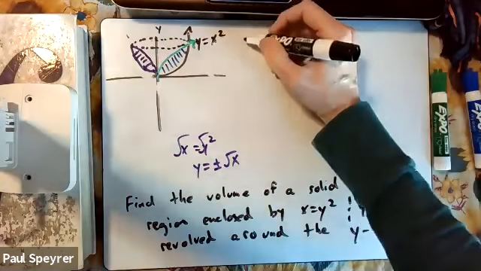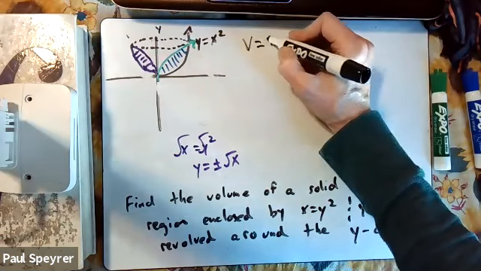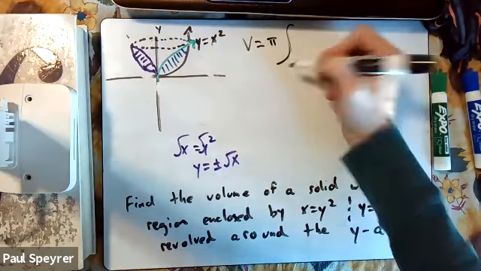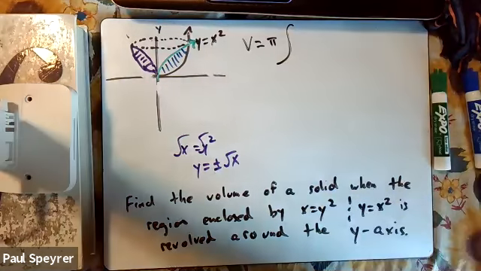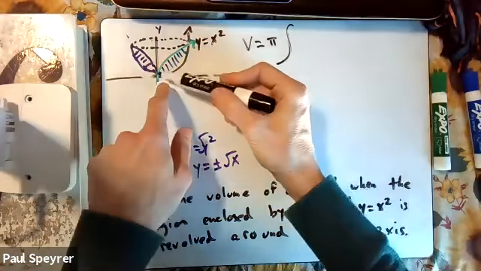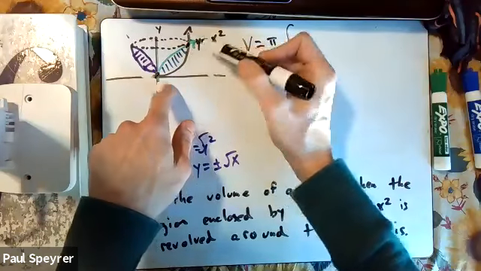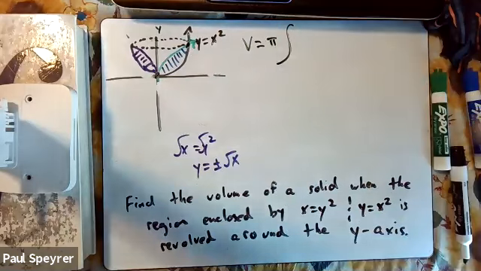So how do we figure out the volume? Well, remember the formula says it's pi, and then we need these limits, right? C to D right here. C to D. Those are the y values, right? Like, where does this intersect here and here with respect to y?